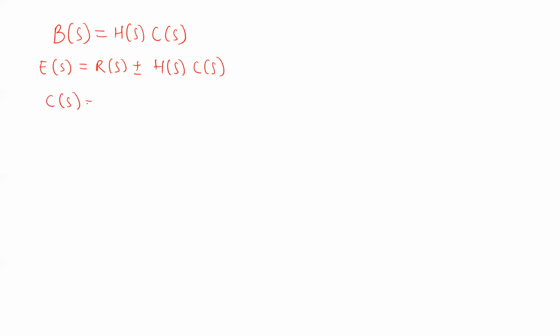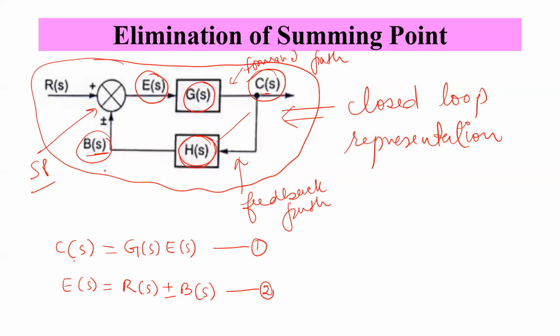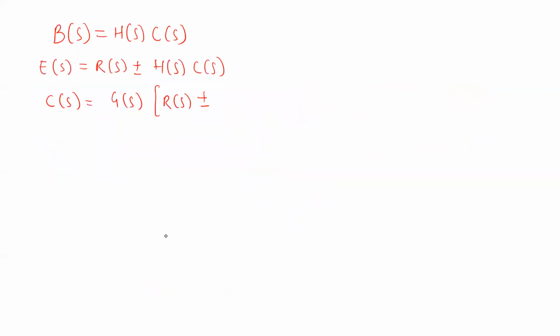So CS is equal to GS ES, because you know that CS is equal to GS ES, so GS into RS plus minus HS CS. Let us simplify this one: CS is equal to GS RS plus minus GS HS CS.